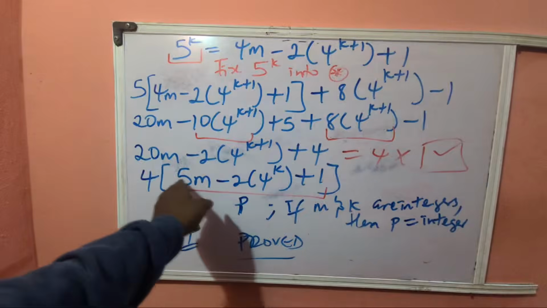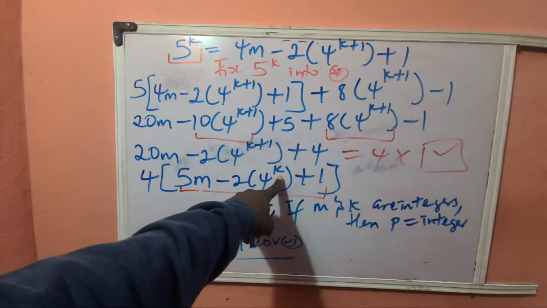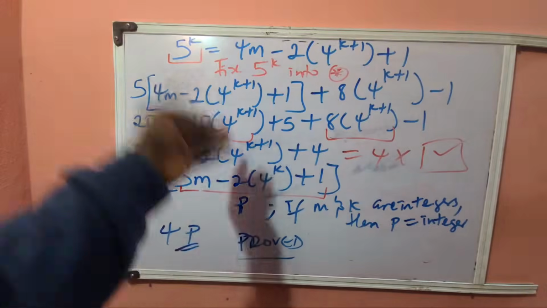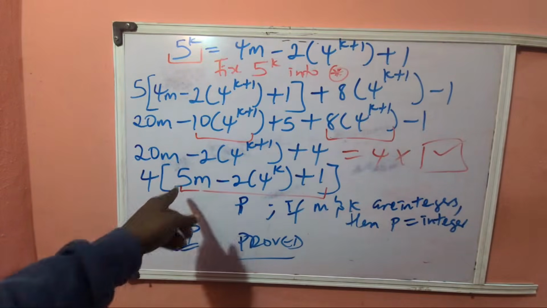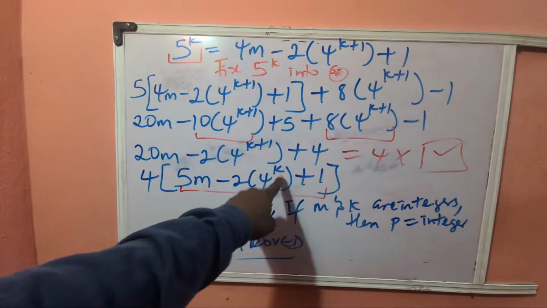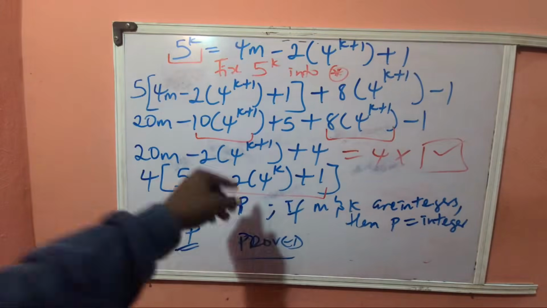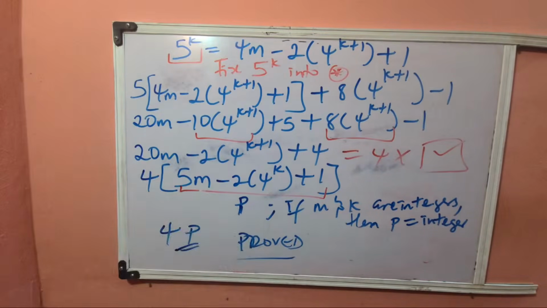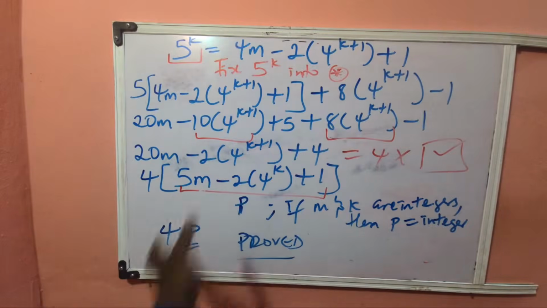What I just know is that if you put in m an integer value here and k an integer value here, you will get an integer value, and I decided to call that integer value P. So that's 4 times an integer. I called it P.